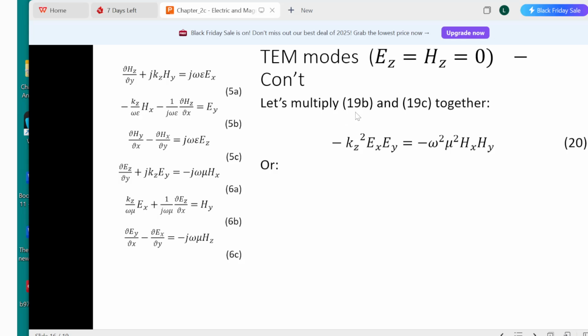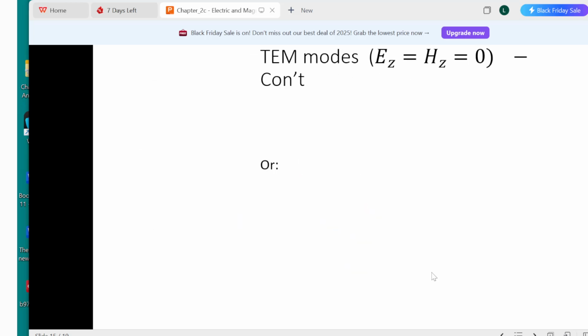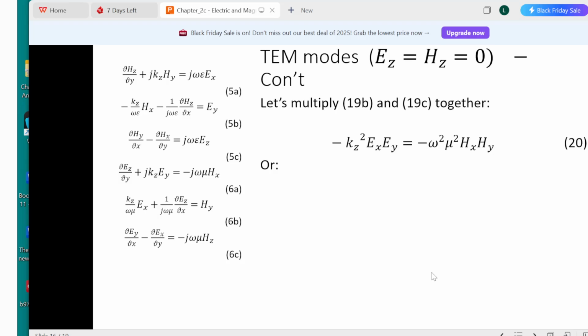If we multiply equation 19, the last two equations together, let's see what we can get. Remember, E of x divided by H of y is equal to the intrinsic impedance, which is given by the square root of mu divided by epsilon.